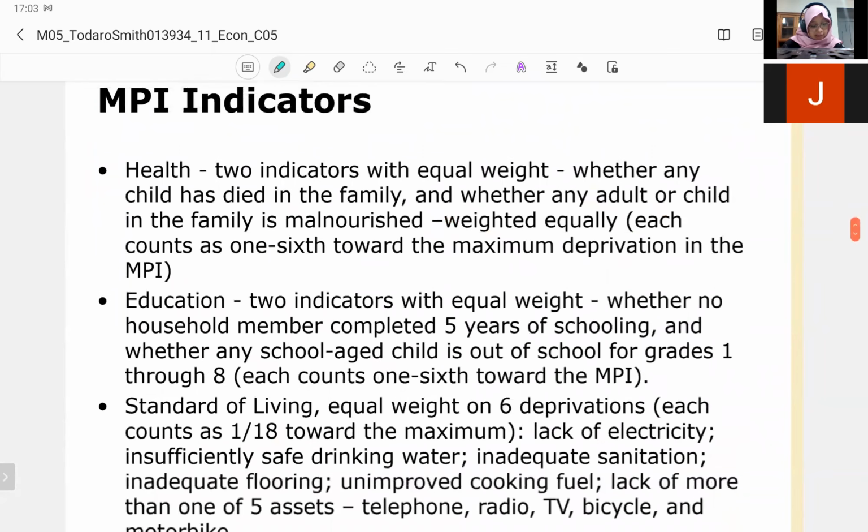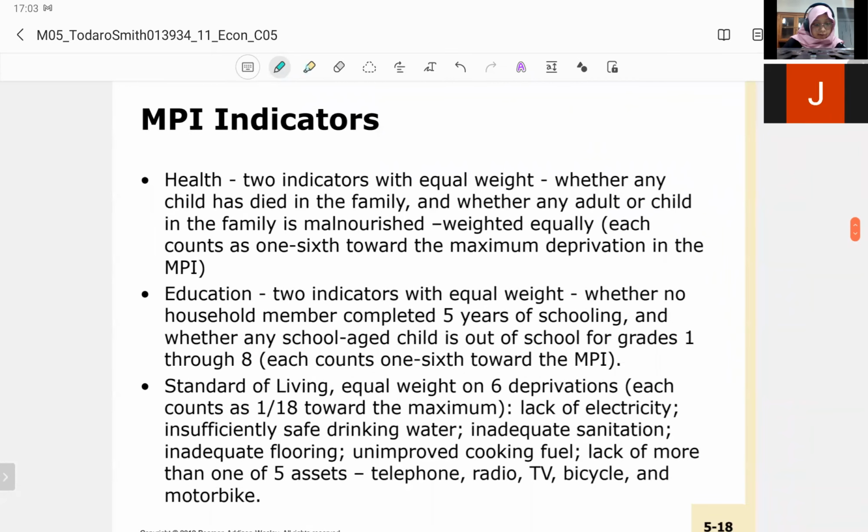So these are the MPI indicators. We have health. You can define this health indicator, for example, with whether any child has died in the family and whether any adult or child is malnourished.